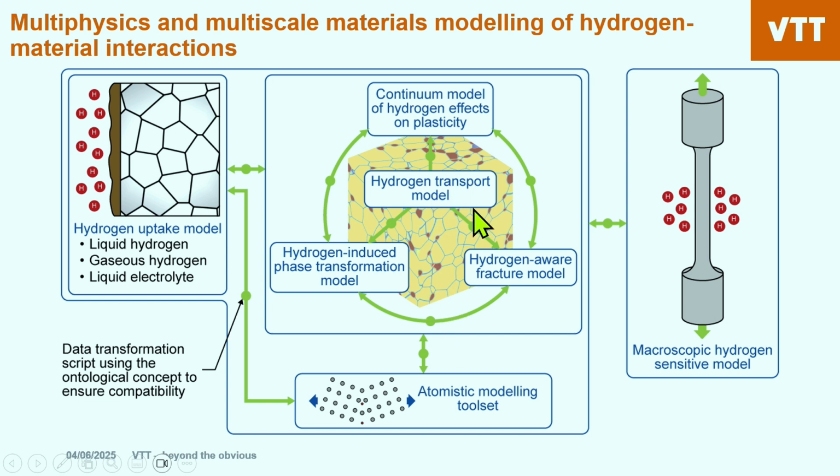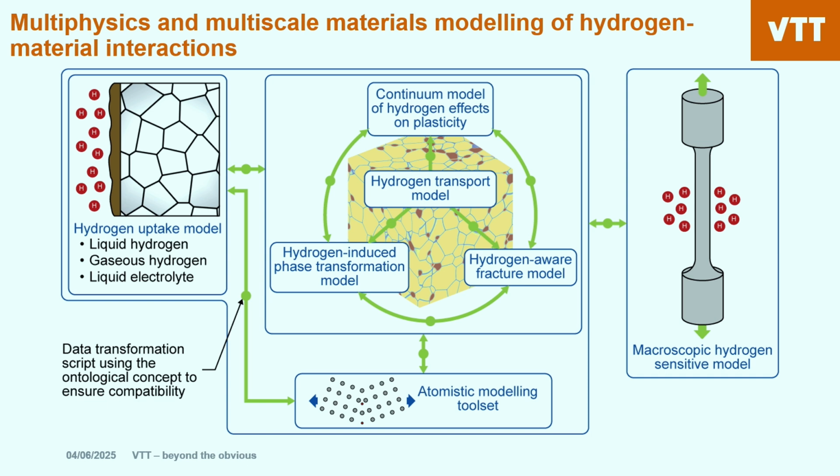So at the center we have the hydrogen transport model, which is connected to this continuum, a little bit larger scale model of hydrogen effects on plasticity. Hydrogen can also change or induce phase changes in materials, similarly as we know from steels how carbon affects whether it's austenite or ferrite when you adjust the amount.